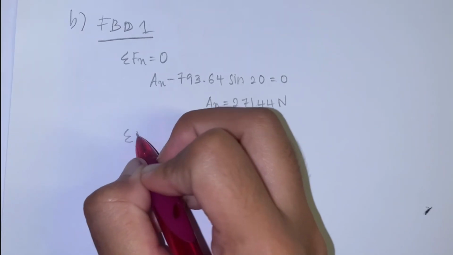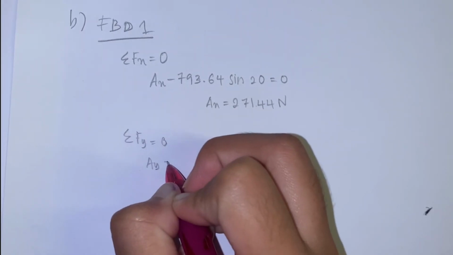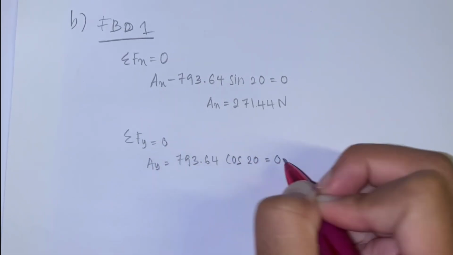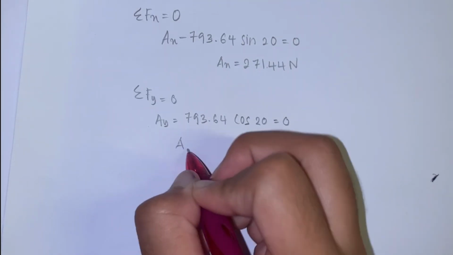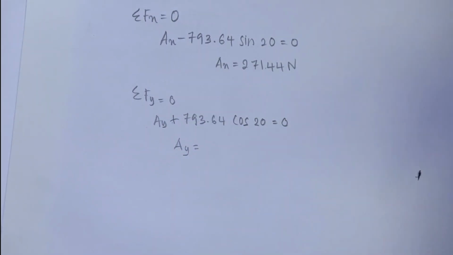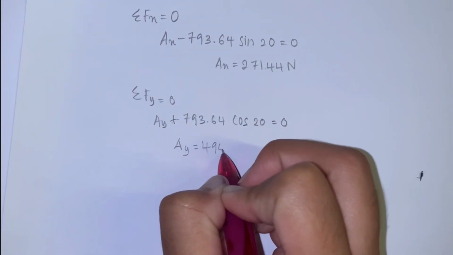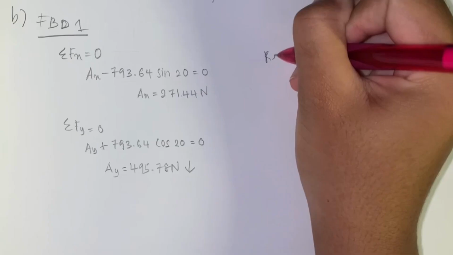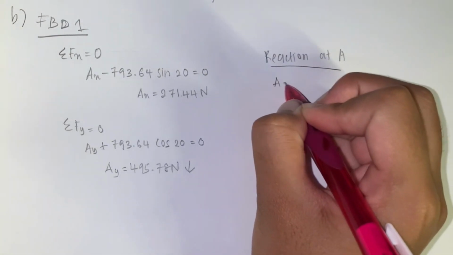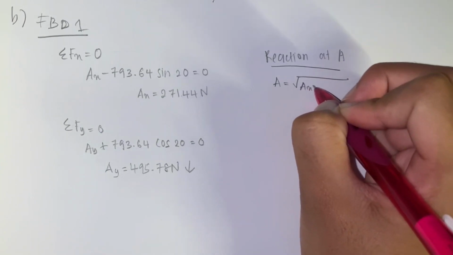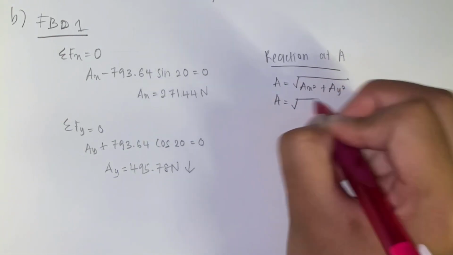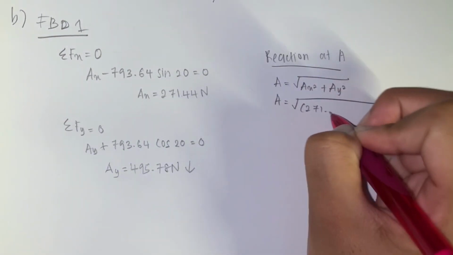So for the y-axis, we have sum of Fy equal to 0. That means Ay plus 793.64 cos 20 equal to 0. And we got Ay equal to 495.78 Newton and pushing down. But the question wants the reaction at A. So this is the formula. A equal to square root Ax square plus Ay square, and enter the values that we got.